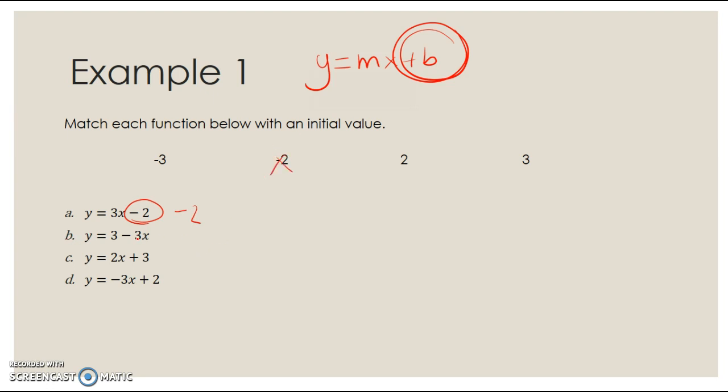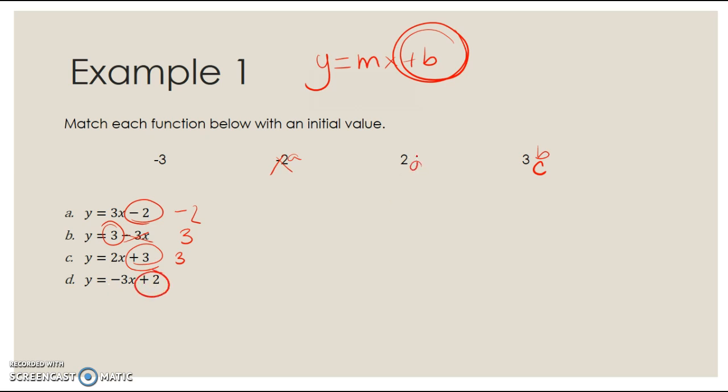So we've now used -2. When I look at b, here I have a -3x for m, so that's not my b, but this +3 is my b. Then when I look at c, 2x plus 3, there's that initial value. Again, it's a +3. I guess I shouldn't have x'd that out, because that's b and c. And d, we have -3x plus 2, so here we have a +2.